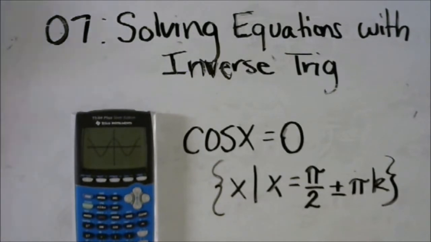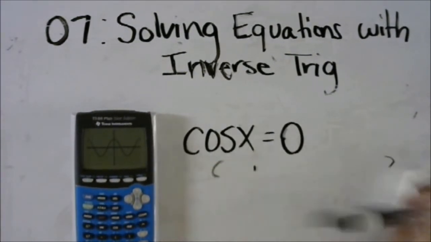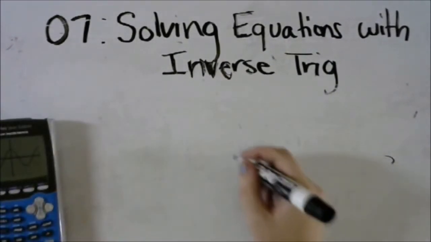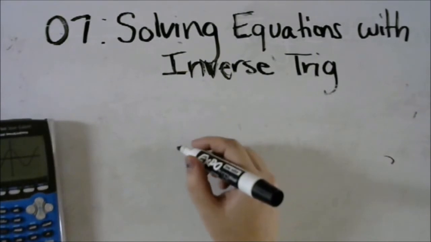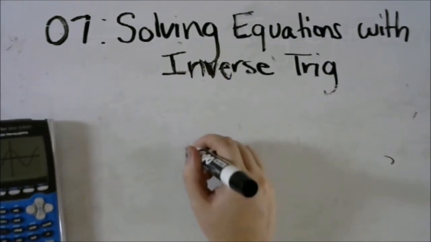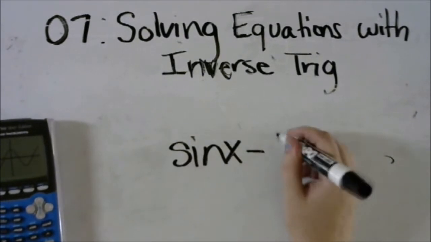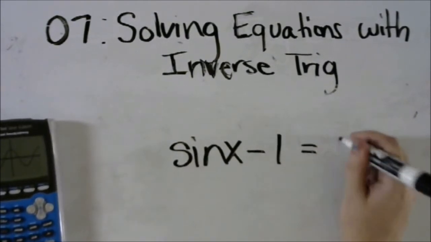Let's take a look at one that's slightly more complicated than this example. Let's take a look at the equation sine x minus 1 equals 0.